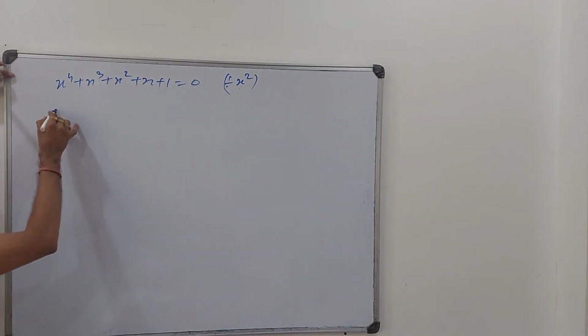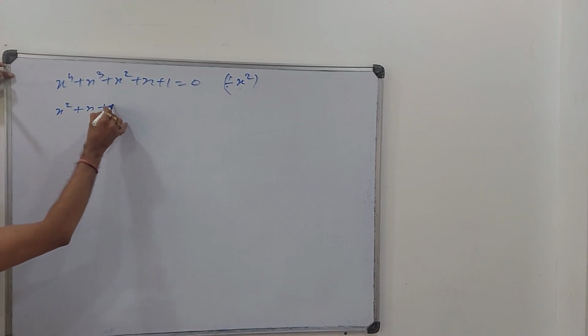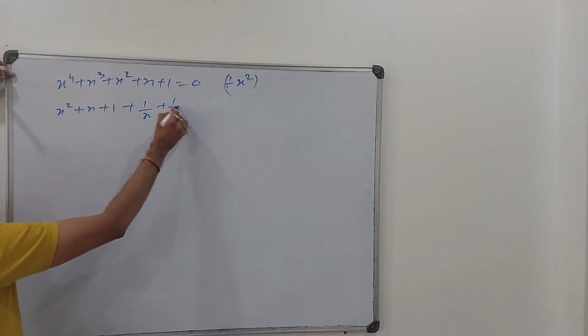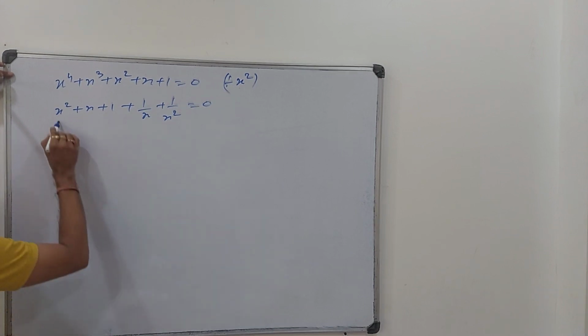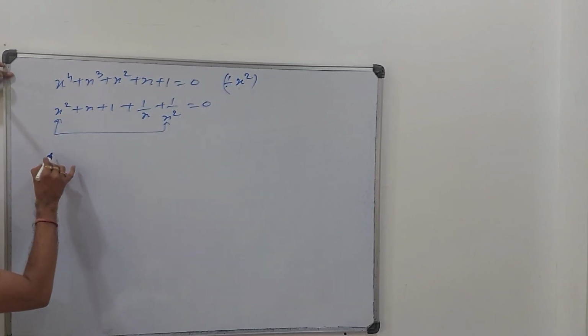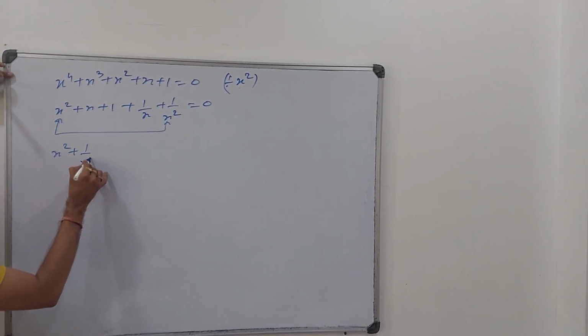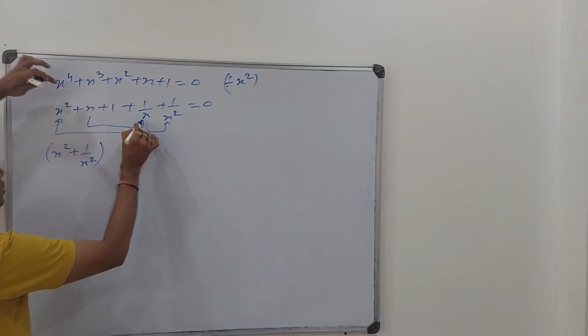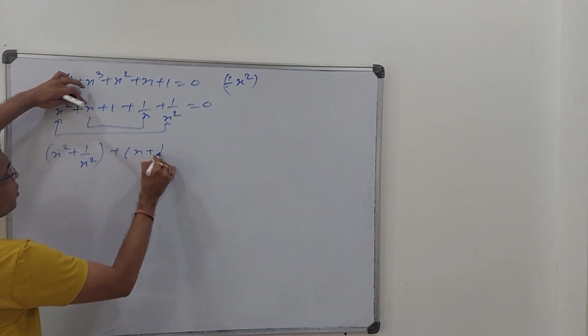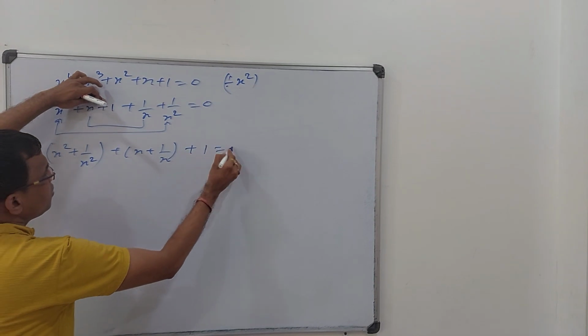So what will happen in that case? It will be x square plus x plus 1 plus 1 upon x plus 1 upon x square is equal to 0. Now I will make a pair. This pair x square plus 1 upon x square, and then this pair x plus 1 upon x, plus 1 is equal to 0.